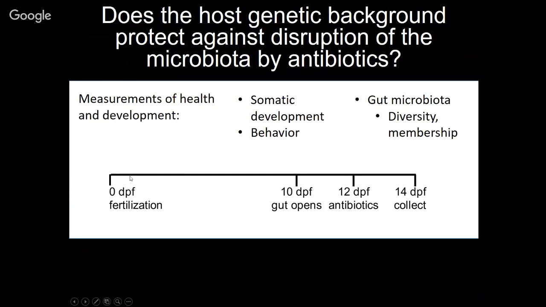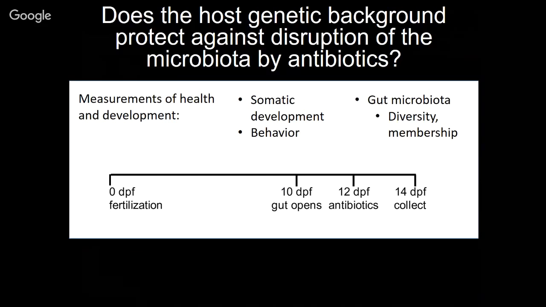We fertilized eggs at 0 days post-fertilization. The gut opens about 10 days post-fertilization. We added antibiotics, so we disrupted their gut microbiota, at 12 days and collected the fish at 14 days. We measured health and development of the fish by looking at somatic development. So this is just what the fish look like from the outside.